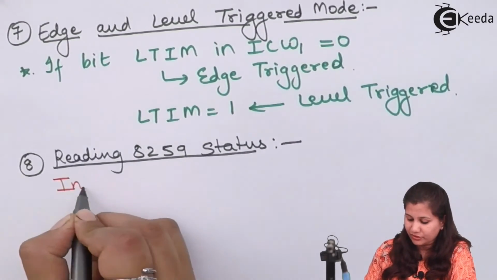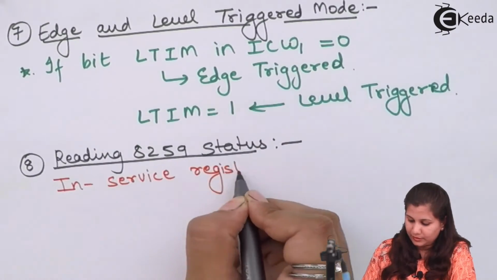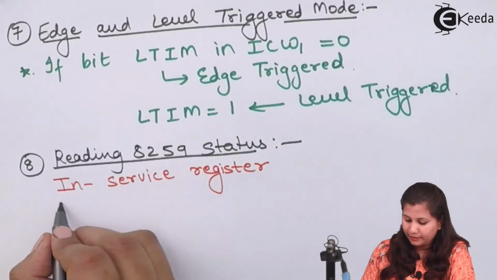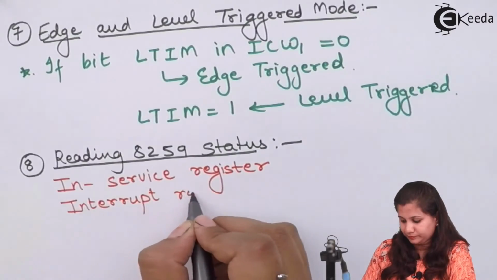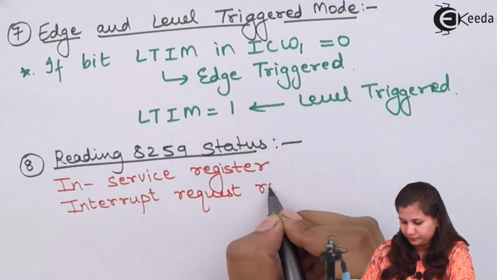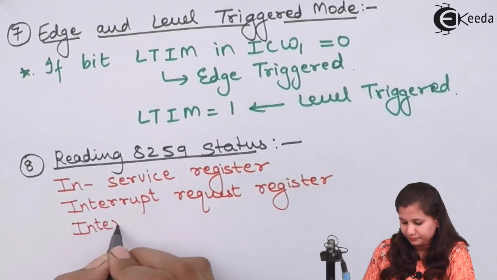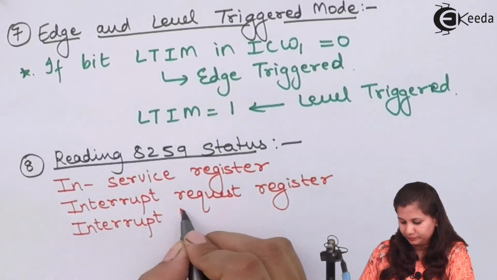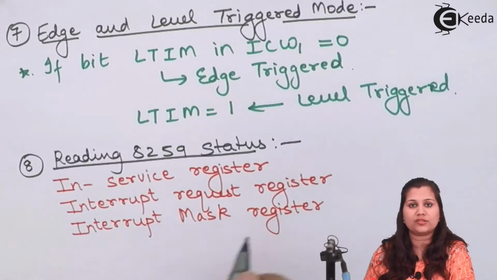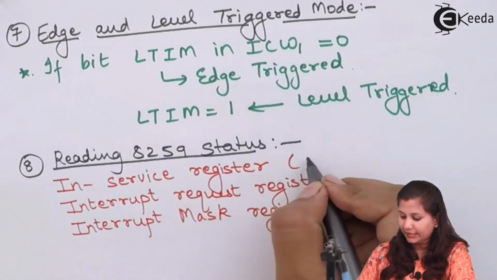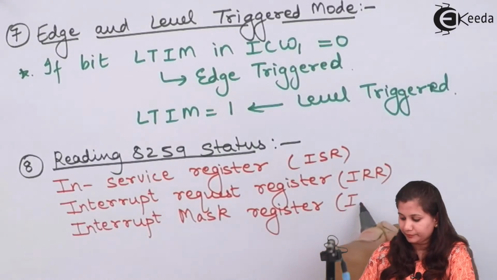One is the in-service register, second is the interrupt request register, and third is the interrupt mask register. These 3 registers are combinedly known as the status registers of 8259. This is ISR, this is IRR, and this is IMR.